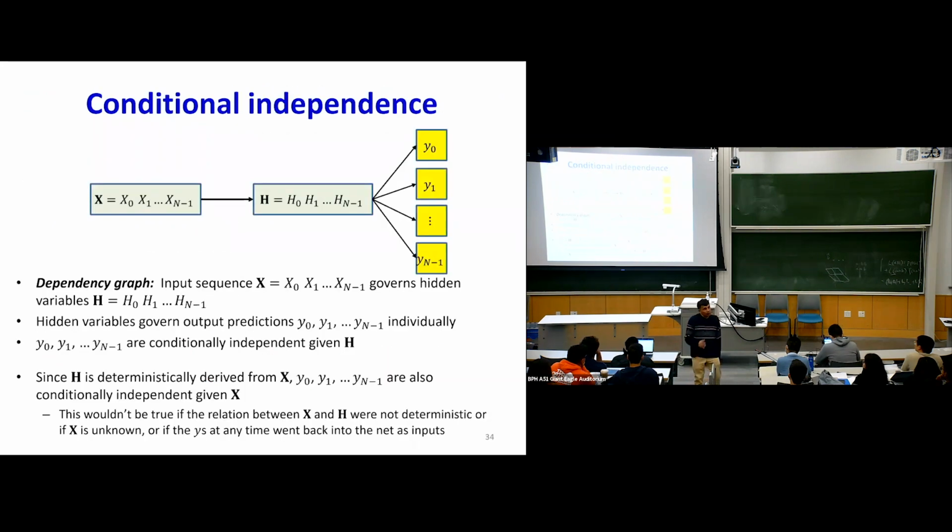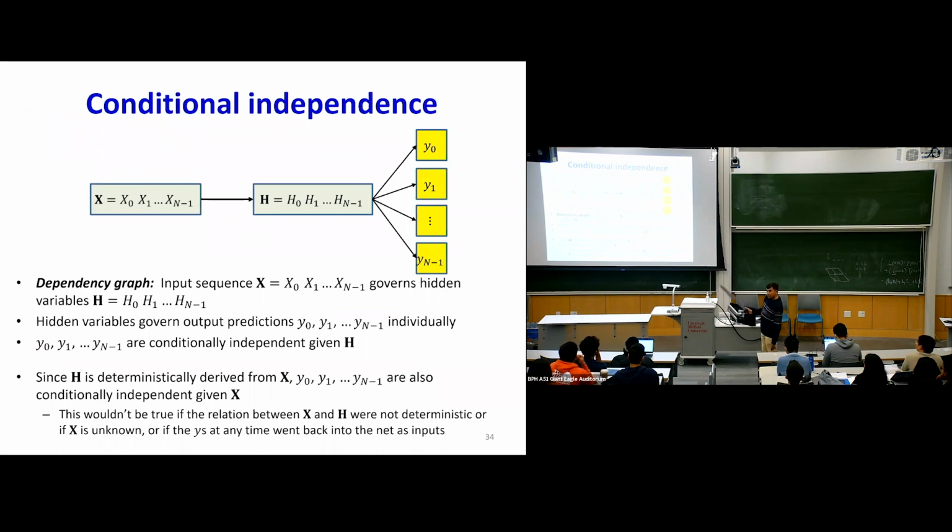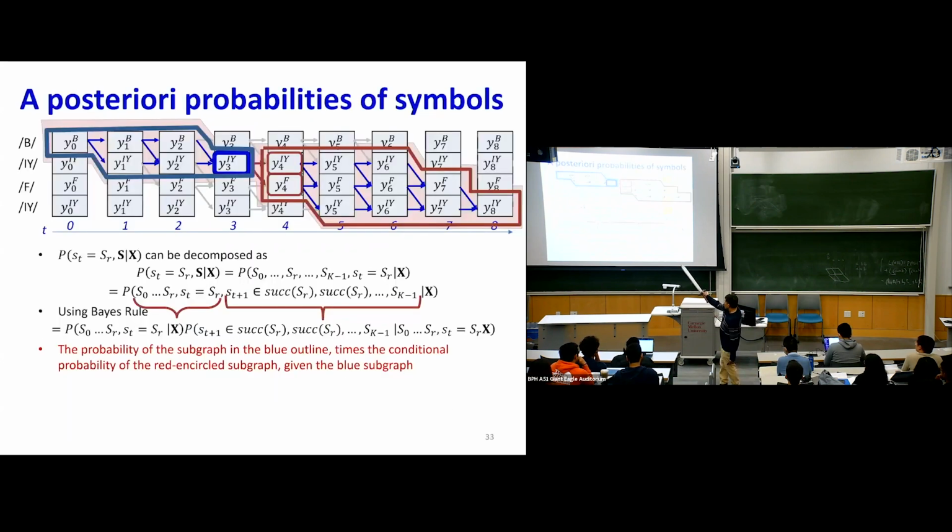Because if you think of how you look at the probability tables, when I was using the recurrent network to compute the probability table, the way you did it is you took the input, went through the hidden layers, and from the hidden layers you computed the probabilities, correct? So basically, you didn't care about how the initial portions of the symbol sequence were aligned. You didn't say that at time 3, I'm aligning this to E, and use that information in computing the probabilities at time 4, right? The probabilities at time 4 were dependent only on the hidden state deterministically. They did not refer to the alignment at time 3.